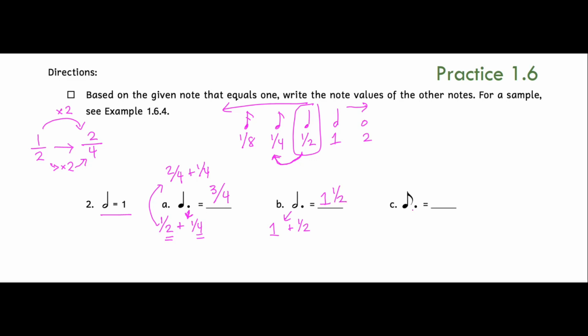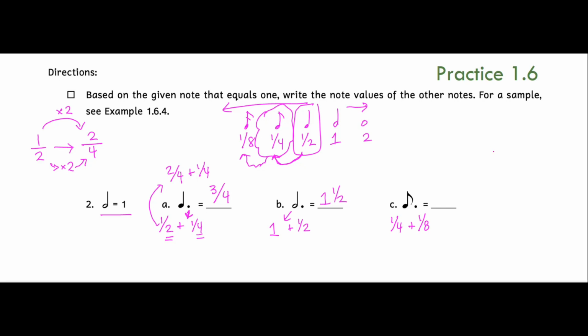And now moving to 2C, it's asking for a dotted 8th. We see here that the 8th note is worth a 4th. Now we need to add half of a fourth. Remember, we can look here. Half of a fourth is an eighth. Now again, we need a common denominator or the same bottom number.